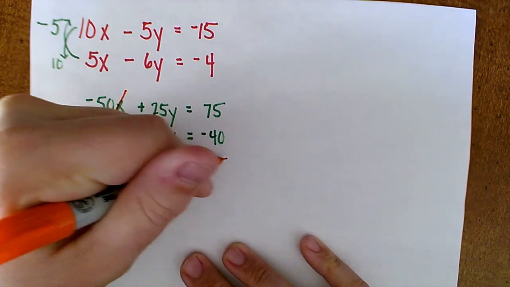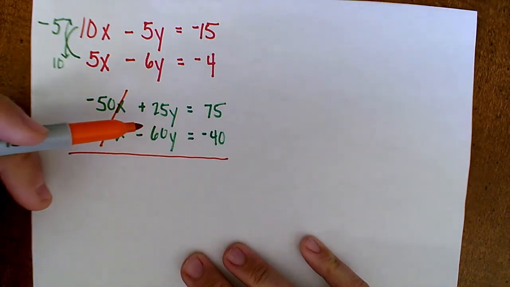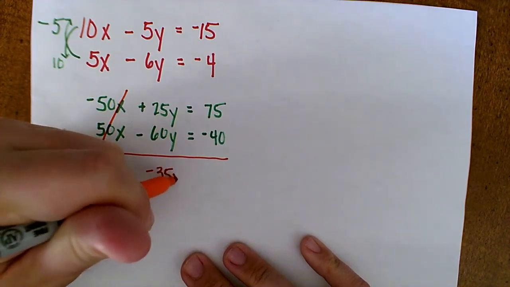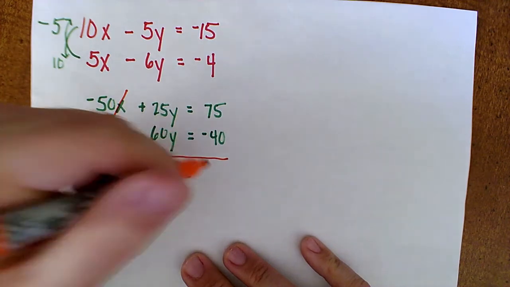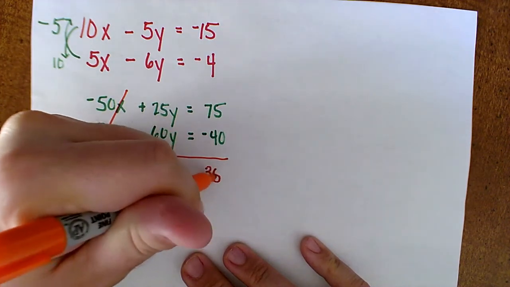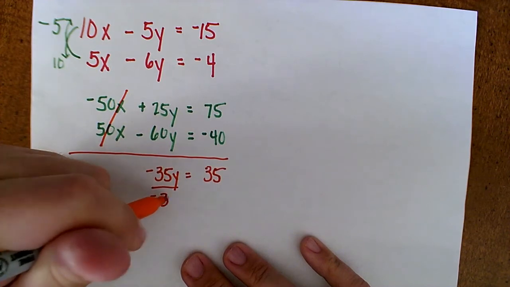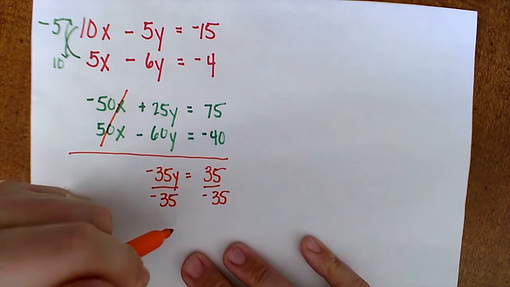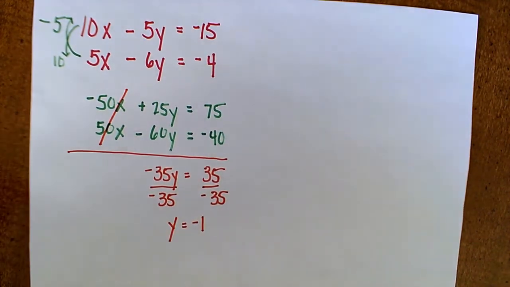We've eliminated it. 25y minus 60y is going to be negative 35y. 75 minus 40 is going to be 35. We're going to divide by negative 35 and divide by negative 35. So y equals negative 1.